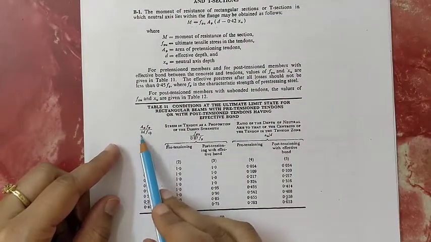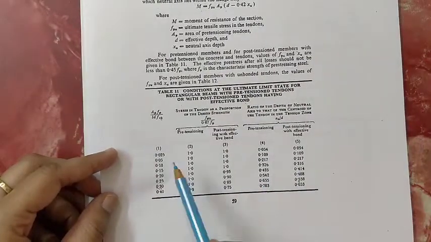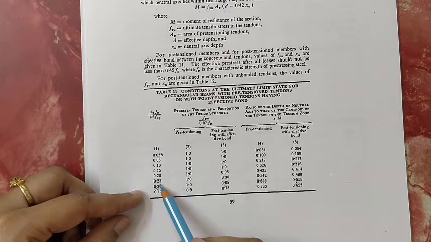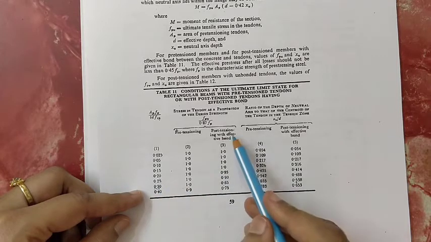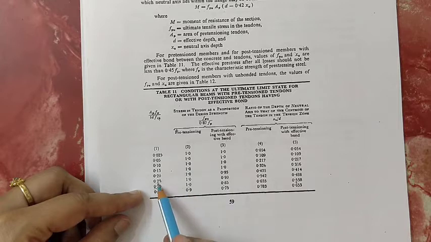For APFP by BDFCK equals 0.265, observe in this table, in this column, that value is not exactly here. You need to check in which range it lies. 0.265 lies between 0.25 and 0.30, and in that case you have assumed post tension with effectively bonded, so you need to interpolate it.